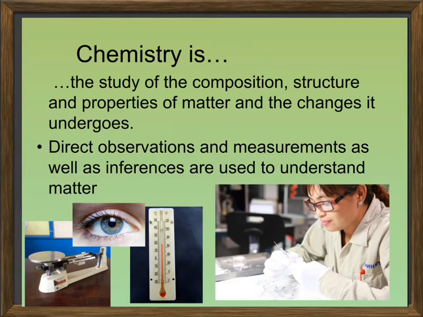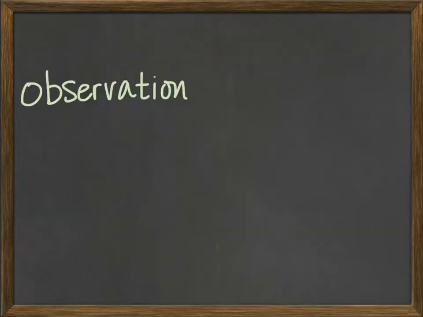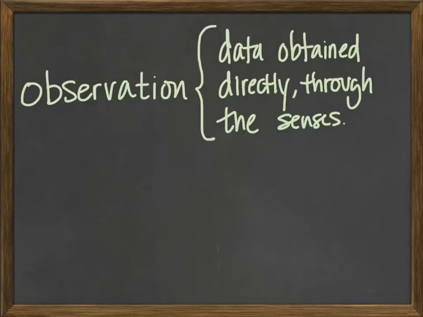Now, in order to study matter, chemists use both direct observations and measurements and inferences. Let's talk a little bit about the difference between those two types of tools. An observation is data that is obtained directly through the senses. An observation can be information that you can see or touch, things that you can hear, things that can be described because you directly got the data using your senses.